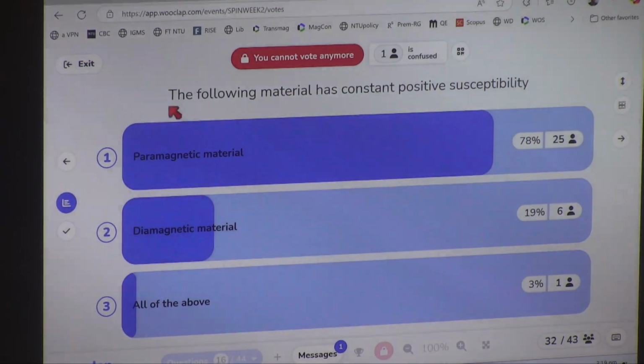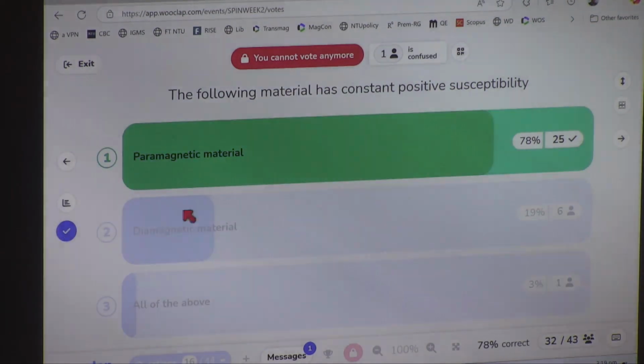Okay, positive susceptibility is from paramagnetic material.